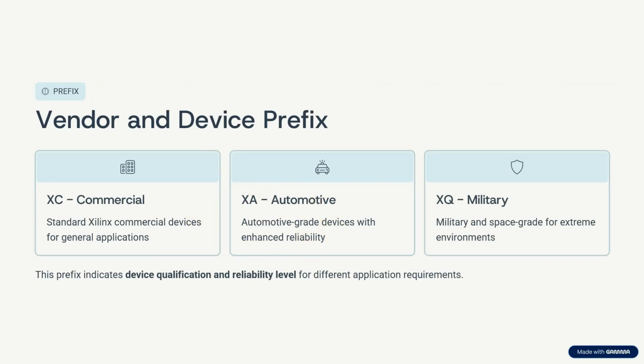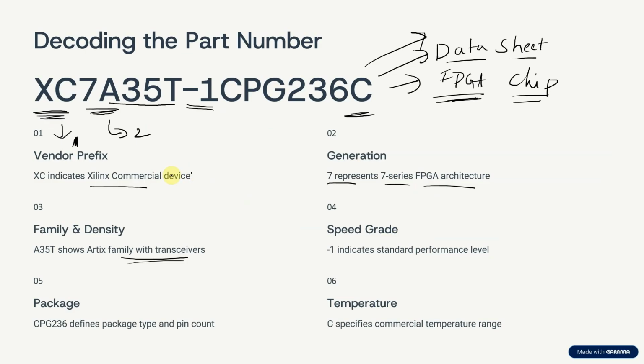And there is also something known as XQ. If there is XQ in your part number, then it is for military and space grade for extreme environments, right? So this is how you categorize part numbers depending upon whether it is commercial, automotive or military. This prefix indicates the device qualification and reliability level for different application requirements. How to choose the part number, all that we are going to discuss when we learn about the Vivado tool.